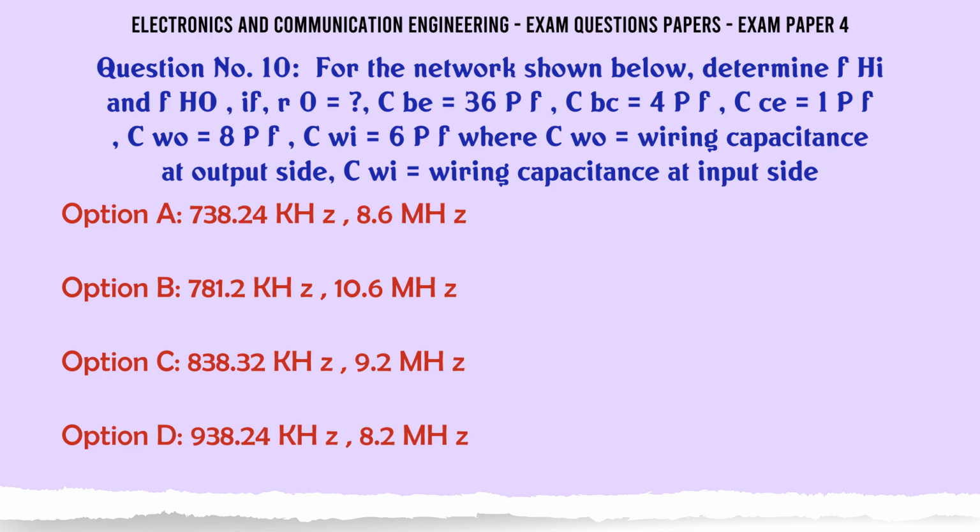For the network shown below, determine f_high and f_low if R0 = CB = 36 pF, BC = 4 pF, CE = 1 pF, VO = 8 pF, V = 6 pF, where CO is wiring capacitance at the output side and CV is wiring capacitance at the input side. A. 738.24 kHz, 8.6 MHz, B. 781.2 kHz, 10.6 MHz, C. 838.32 kHz, 9.2 MHz, D. 938.24 kHz, 8.2 MHz.